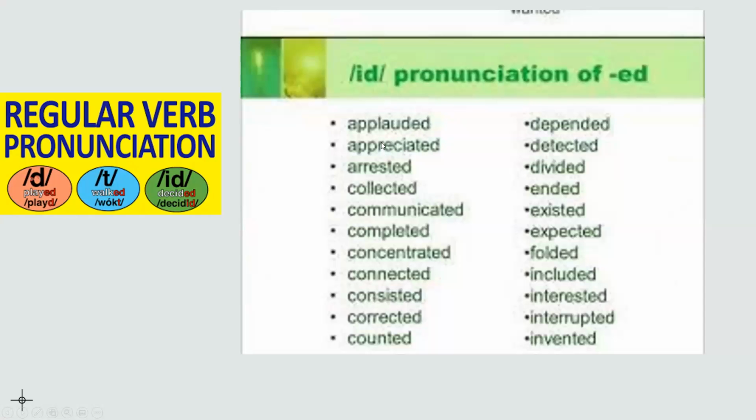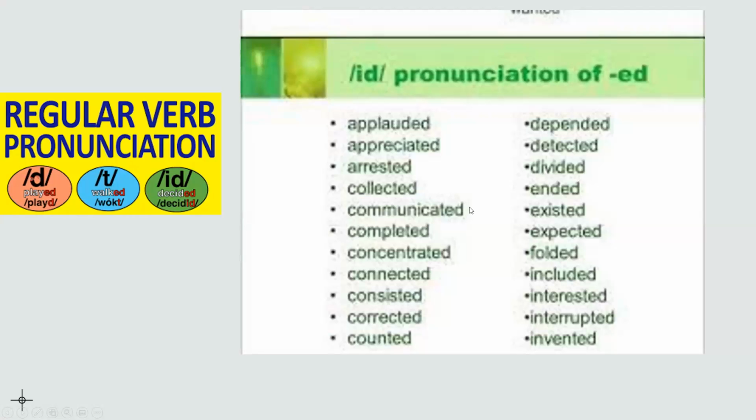Applauded, appreciated, arrested, collected, communicated, folded, ended, divided.